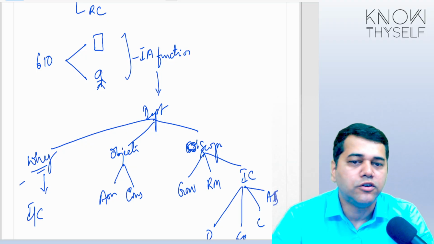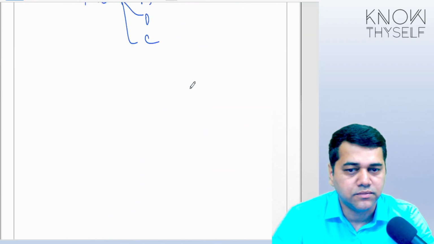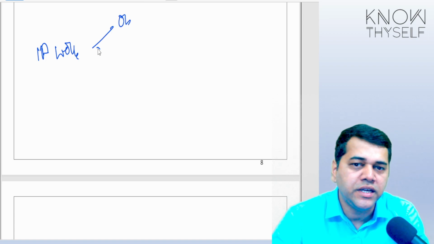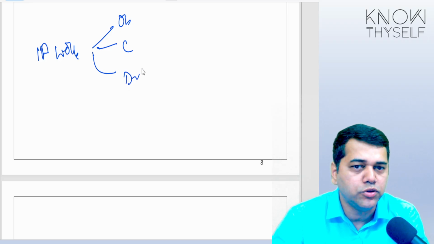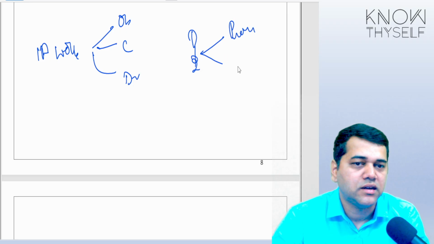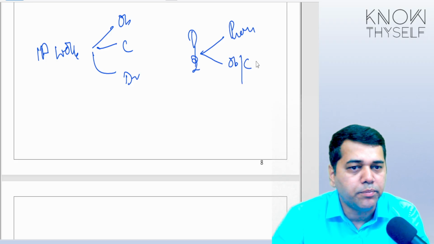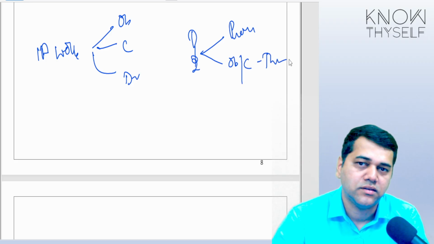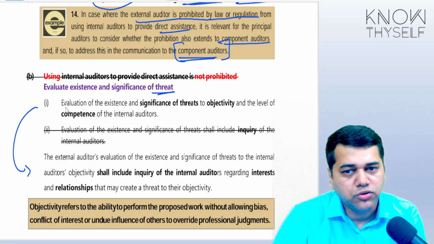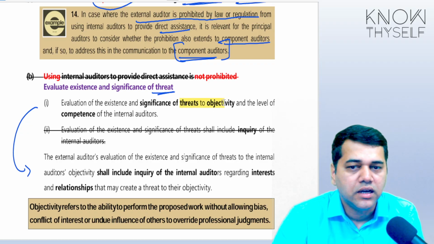Just like when you talk about the internal auditors' work, you see objectivity, competency, disciplined approach. When you see their people, only two things you need to evaluate: whether prohibition exists, and whether an objectivity and competency threat exists. What is this objectivity and competence threat? We'll discuss. You need to evaluate the existence of significant threats to objectivity and competence of the internal auditor.